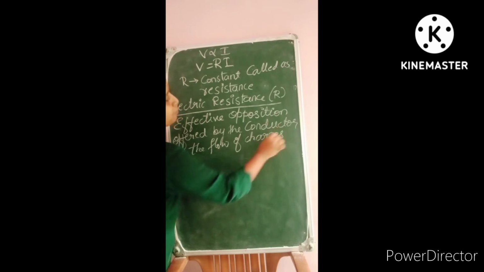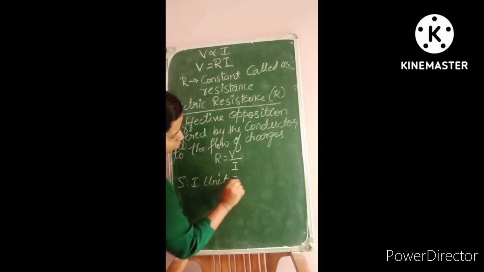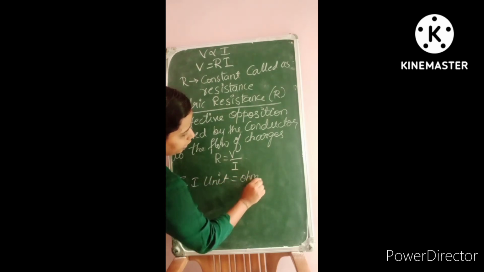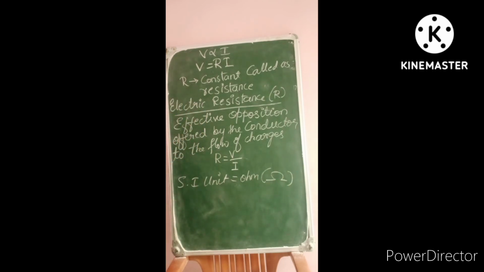It is called the electric resistance. From Ohm's law, R is equal to V divided by I, and the SI unit of electrical resistance is ohm, represented by the symbol Ω.